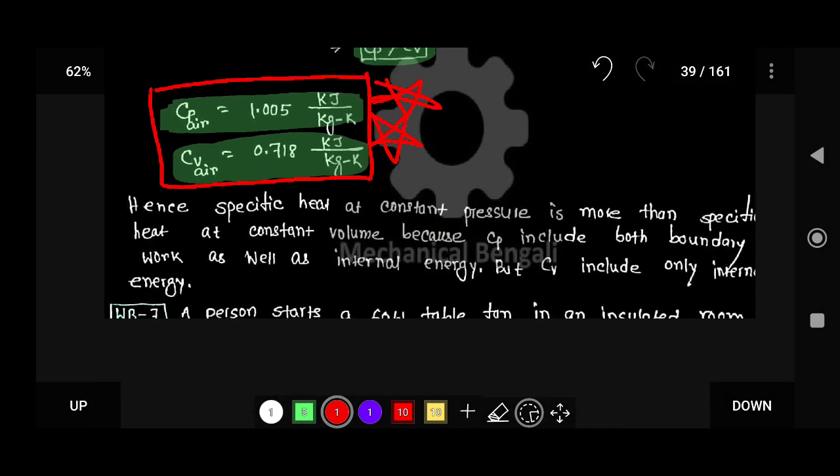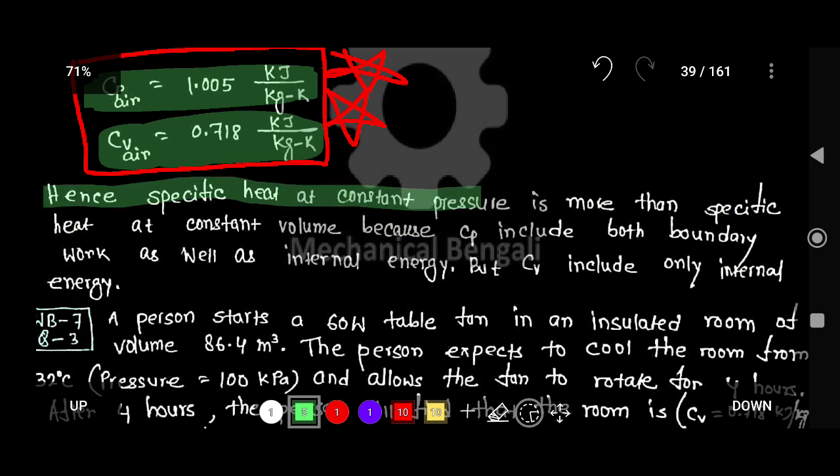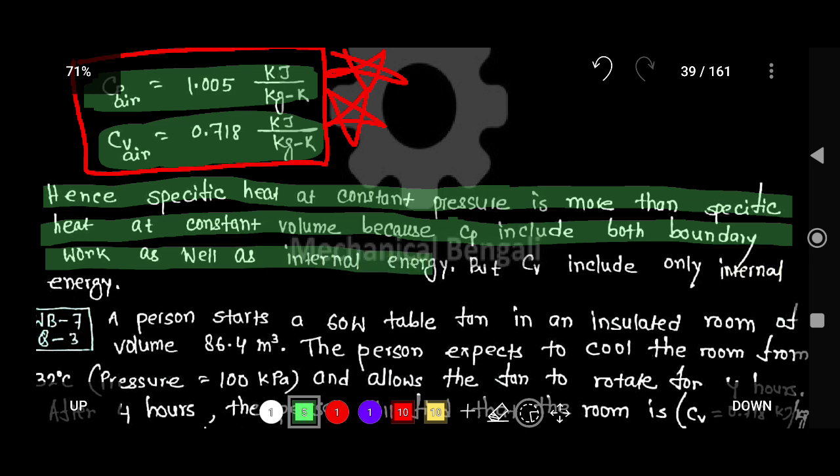Okay. Now here what is written is: hence the specific heat at constant pressure is more than the specific heat at constant volume, because Cp includes both boundary work as well as internal energy, but Cv includes only internal energy.